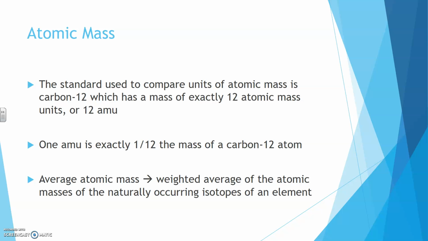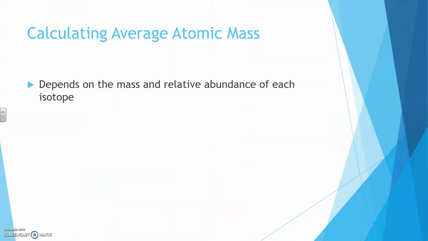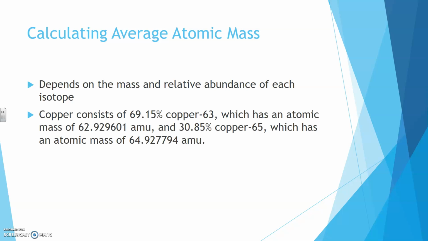So if you have, say, carbon-12 is 90% more naturally occurring, it's found in nature so much more frequently than carbon-14 is, then your average atomic weight is going to be closer to 12 because it's more common. Okay, but you do still have to account for the 14, carbon-14. So when you do these, the average atomic mass, again, depends on the mass and relative abundance of each isotope.